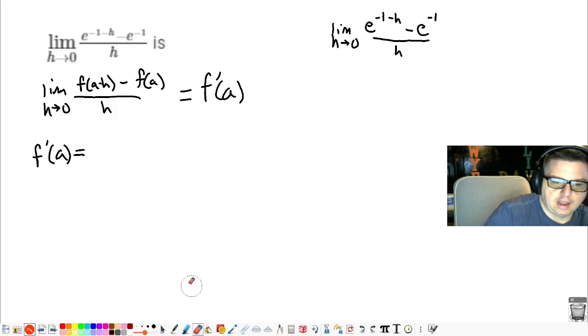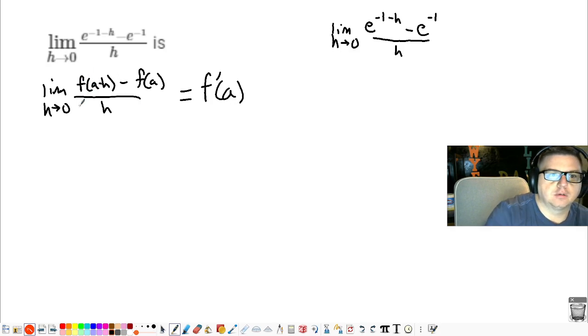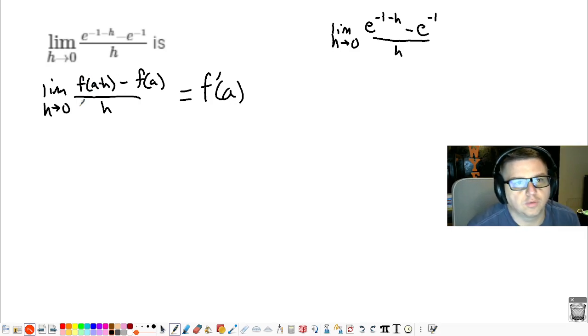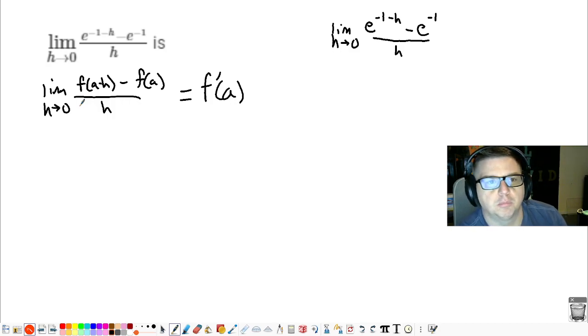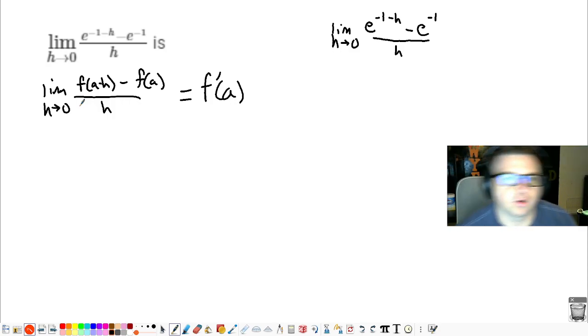So we have that limit of, you can see a function. There's a and an h embedded. And then it's subtracting by just the f of a. And then all over h.